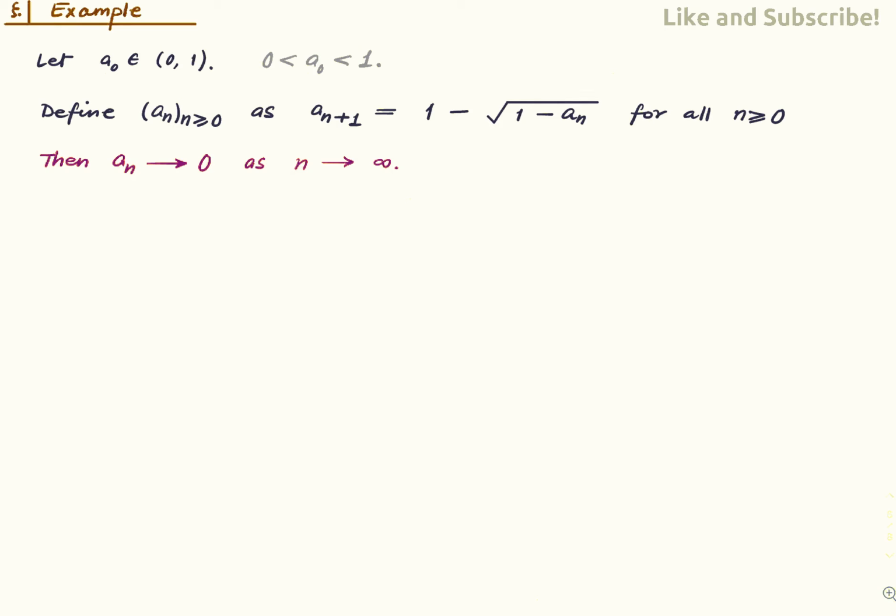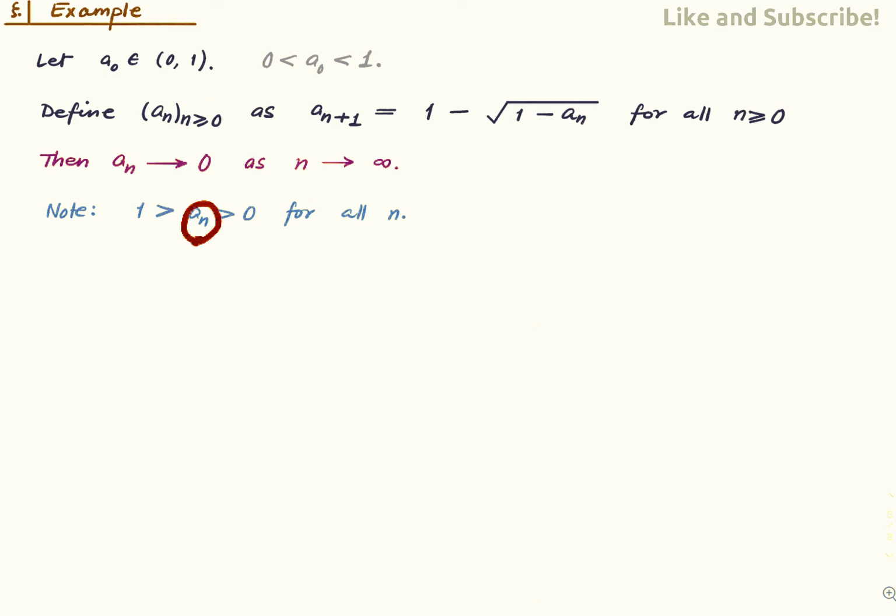So note that first of all, this is a sequence of strictly positive numbers, right? an is greater than 0 for all n. How do you show this? You show this via induction. Once you have this is strictly positive, and in fact I should say not just strictly positive, but it is also strictly between 1 and 0. So why?